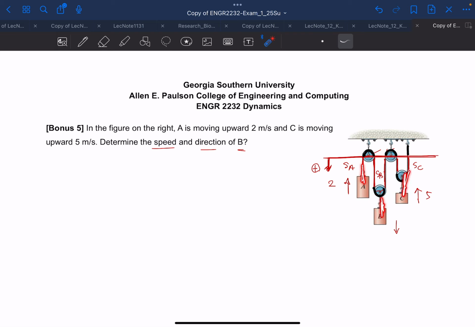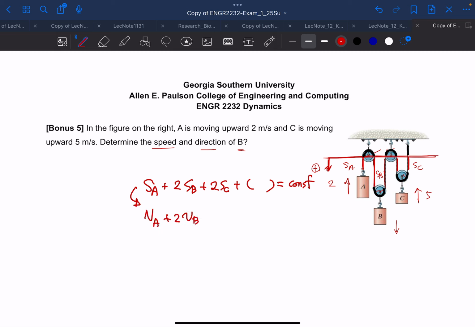Even though this moves up and down, this length colored by black is not going to change, right? So what we have is s_A plus 2 s_B plus 2 s_C plus those black lines is going to be a constant, right? And so from here we get v_A plus 2 v_B plus 2 v_C is going to be 0.